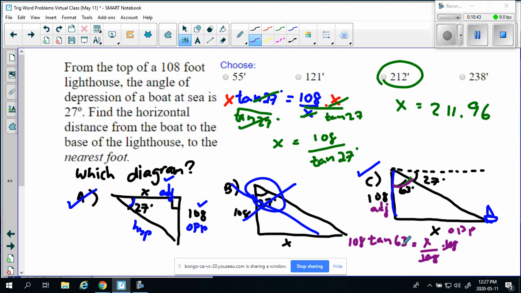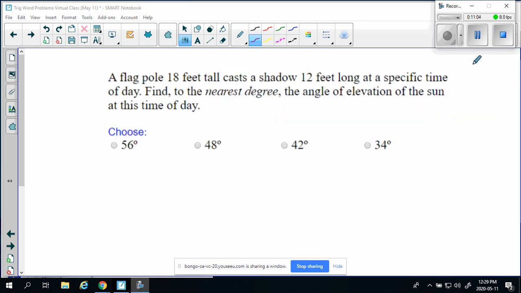So 108 tan of 63 also comes out to 212. So you should be able to do it that way as well. The only thing I can think of, if you did it wrong, is if you flipped the fraction and did adjacent over opposite instead of opposite over adjacent. So just make sure that you know SOHCAHTOA inside and out.